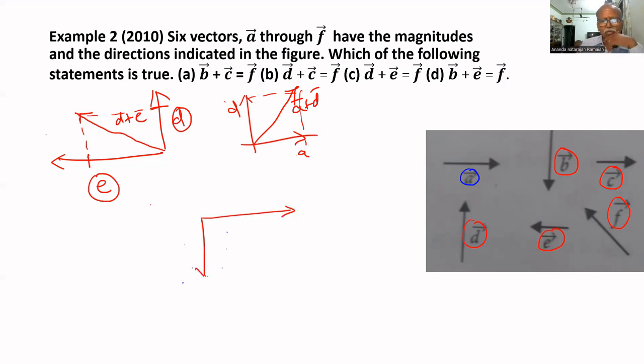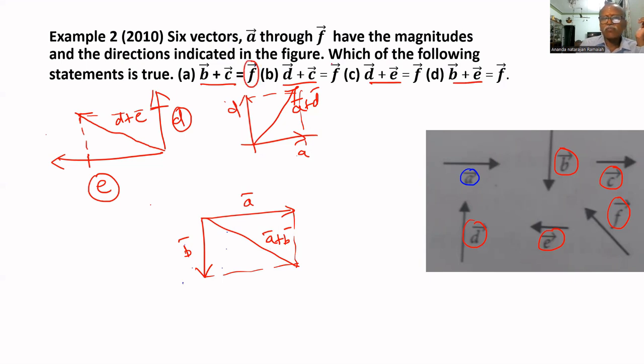Suppose one is towards the right, A is this way, and B is downward, then the sum of these two is A bar plus B bar. So what is asked in all the options is adding two vectors.